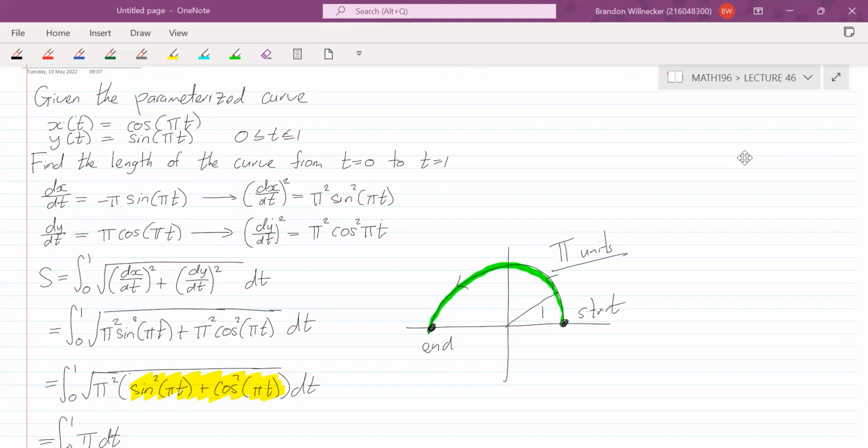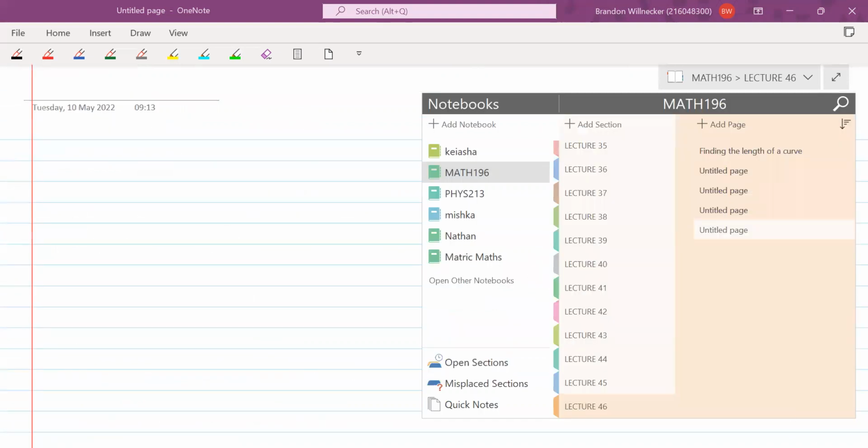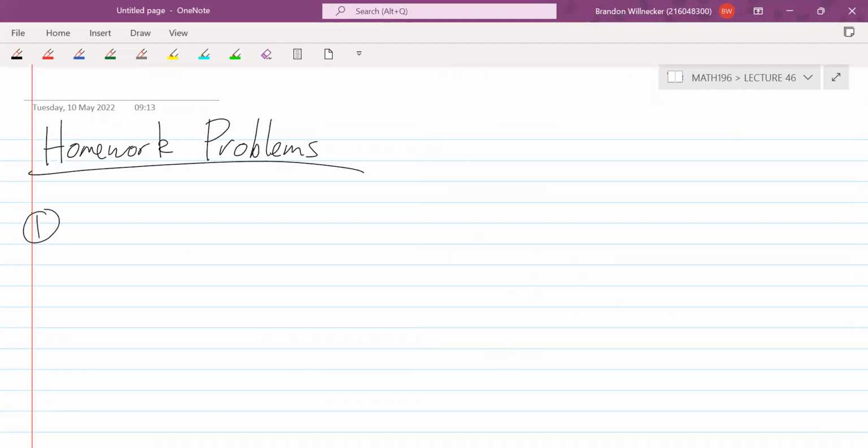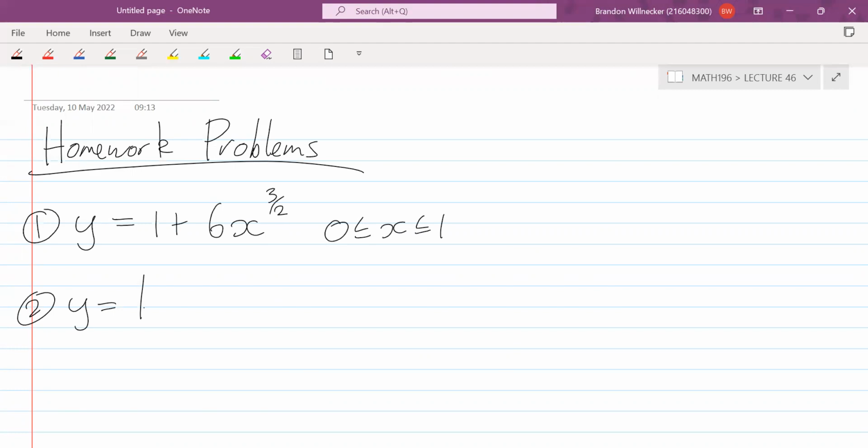Okay, so let's take a look at some homework problems. I've got a few here for us to do. Number 1, we have y is equal to 1 plus 6x to the 3 over 2, where x goes from 0 to 1. Number 2, y is equal to the natural log of cos x, and that goes from 0 to pi over 3.